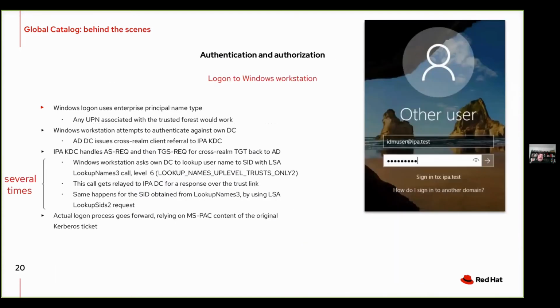So if we go forward, after we got all these SIDs resolved, they are stored in the ACL, and then we try to log in, and we can use some name that represents our user. What Windows Logon does is use the so-called enterprise principal name type.